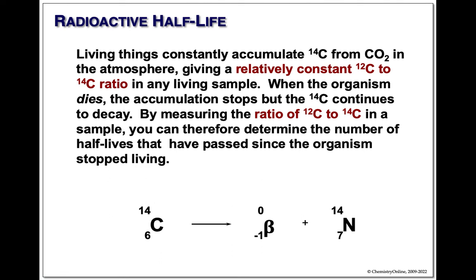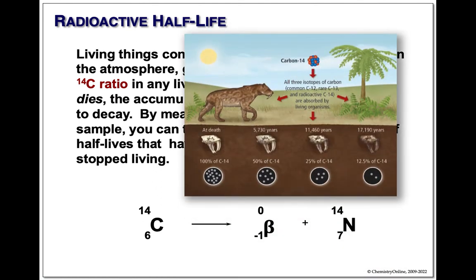Carbon-14 decays to give nitrogen-14. All right. But when you die, you stop eating and breathing. So, pretend that you're a saber-toothed tiger. You're walking around eating and breathing, right? That means that the ratio of C14 to carbon-12 is constant. Now, you die.